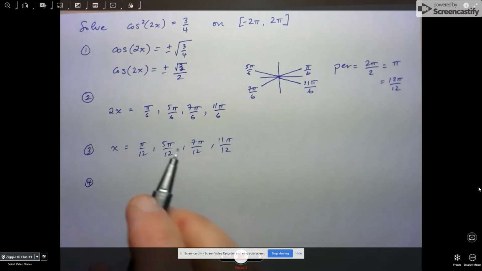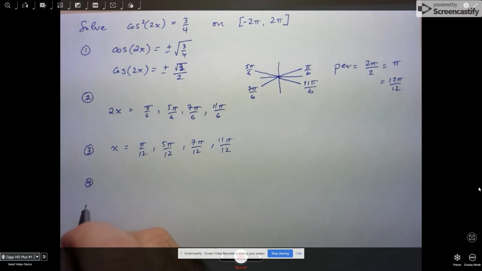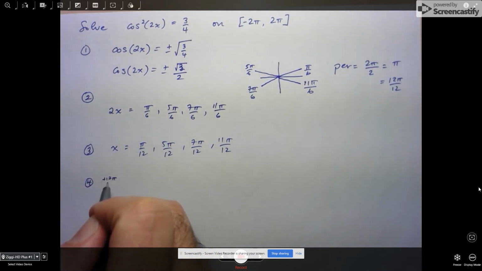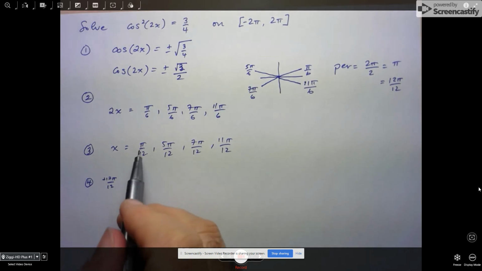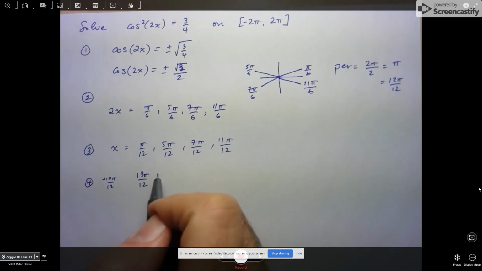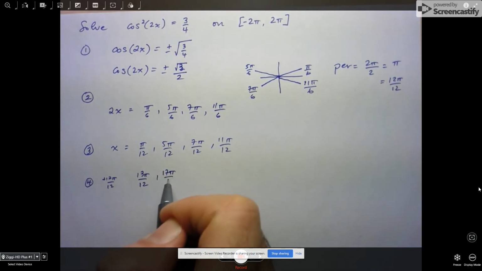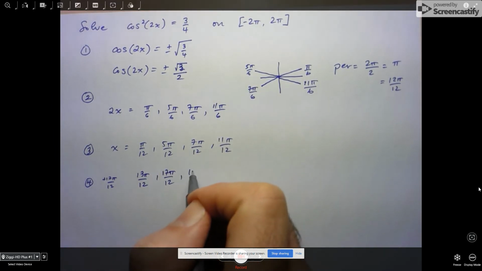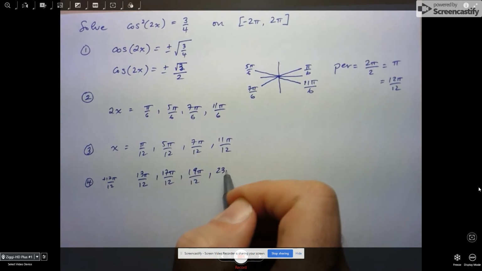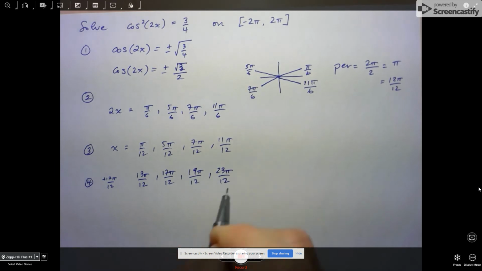Let's look at our other solutions here. First, let me start by adding 12 pi over 12. So what do we have? 12 plus 1, so we have 13 pi over 12. This is going to give us 17 pi over 12, this is going to give us 19 pi over 12, and this is going to give us 23 pi over 12.